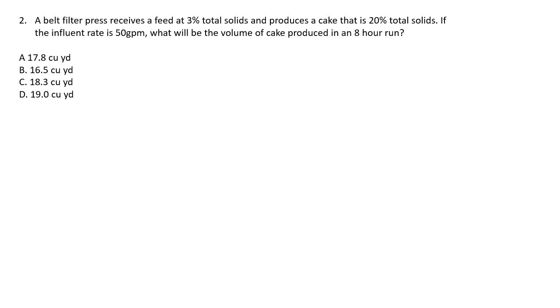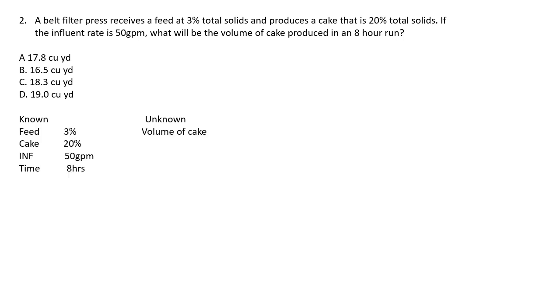Question 2. A belt filter press receives a feed at 3% total solids and produces a cake that is 20% total solids. If the influent rate is 50 gallons per minute, what will be the volume of cake produced in an 8-hour run? Let's pull our knowns and unknowns out of this question.